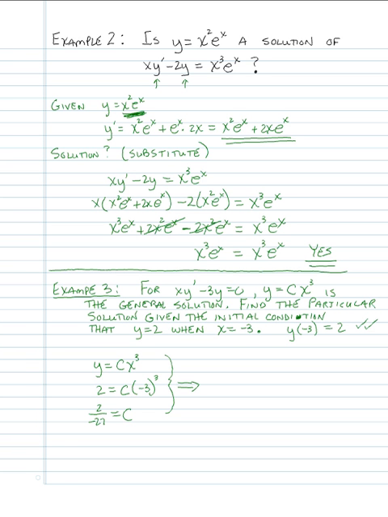So our particular solution will be y is equal to the c value, negative 2 over 27, times x cubed. Now, of course, that could be written a little differently. We could write that as y is equal to negative 2x cubed divided by 27. Those are equivalent, and it just depends on the form that our book or whatever software we're using might give to us.